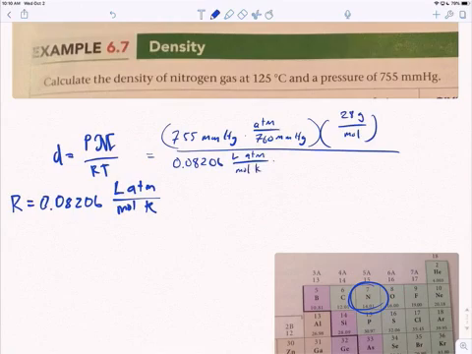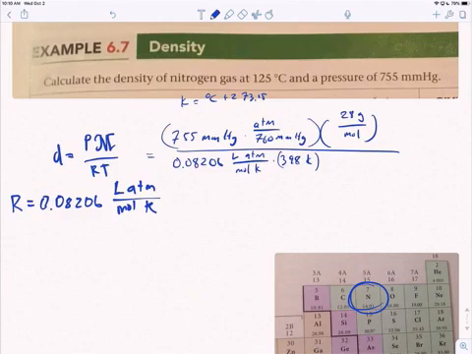So Kelvin is degrees Celsius plus 273.15. So that is going to be 398 Kelvin. 0.15 I know, but you don't have the other units, so you're not really sure. So what is that value? 755 divided by 760 times 28 divided by the quantity 0.08206 times 398.